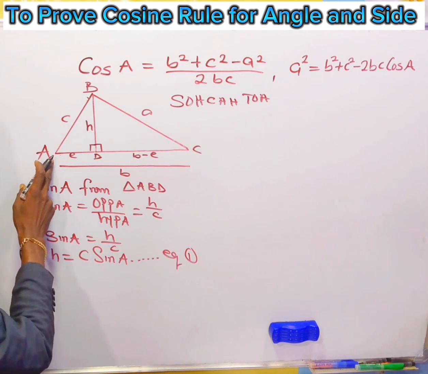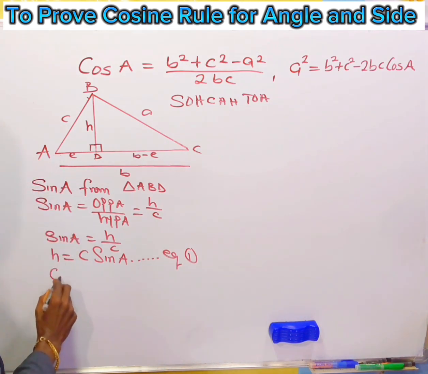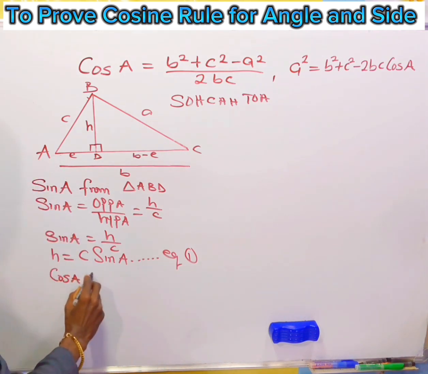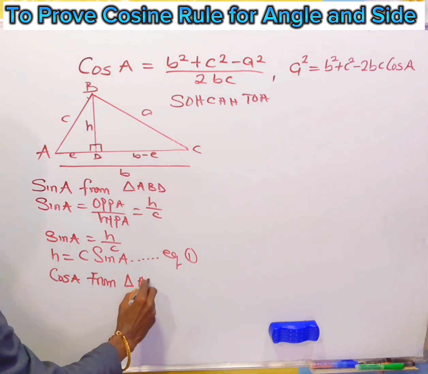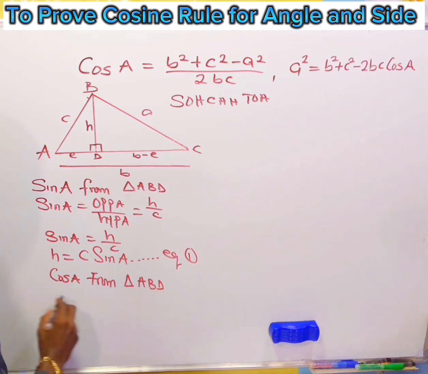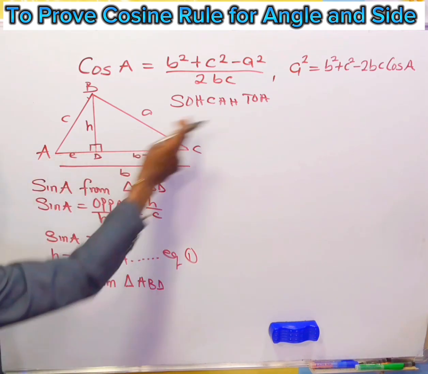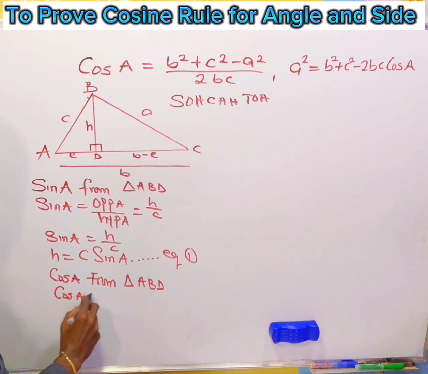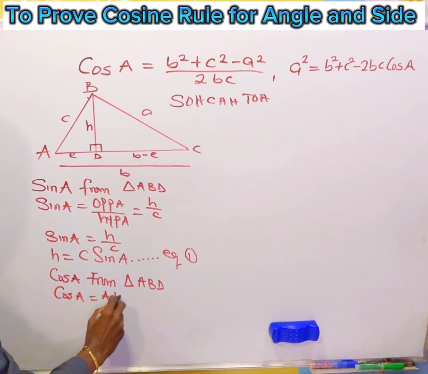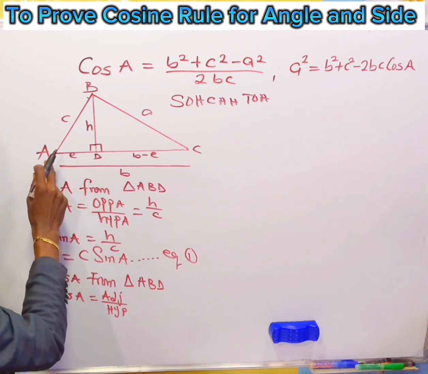Also, from side A, let's find cos A, which is also from triangle ABD, so that cos A, which is adjacent over hypotenuse. What's our adjacent A?